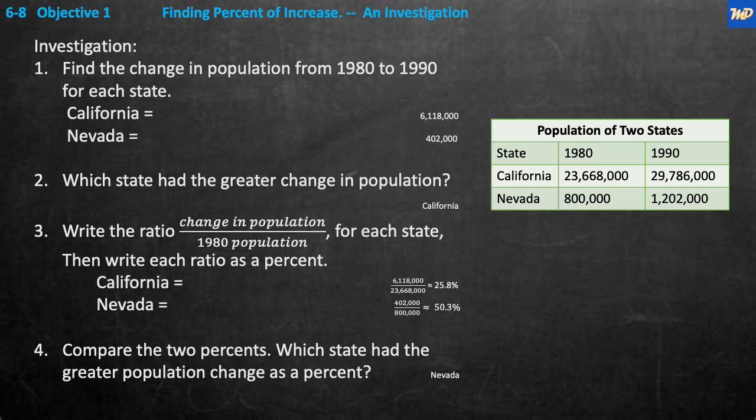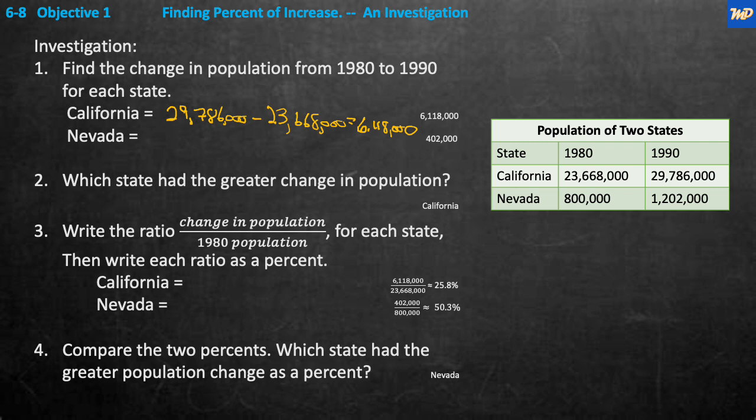And in our case, for California, it's going to be 29,786,000 minus 23,668,000. And that equals, when you get done, 6,118,000 people. Population change. It's an increase.